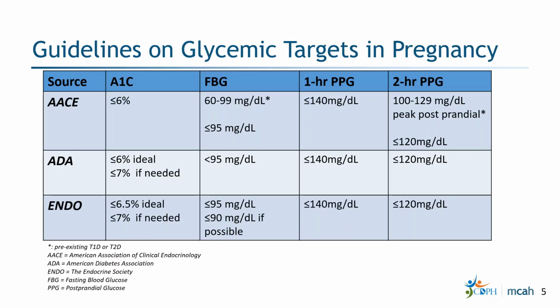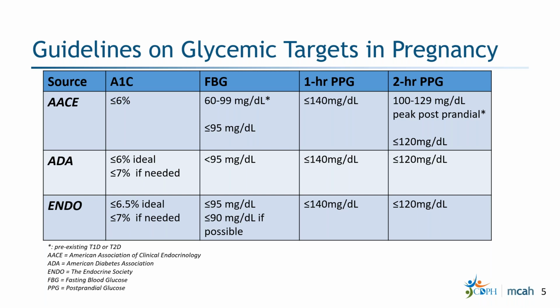We have a number of organizations that have recognized glucose targets in pregnancy, and there are some slight differences, but more often than not, they are pretty similar based on the research and the evidence that we have available. So we've got ACE, the American Association of Clinical Endocrinology, the ADA, American Diabetes Association, and Endocrine Society.